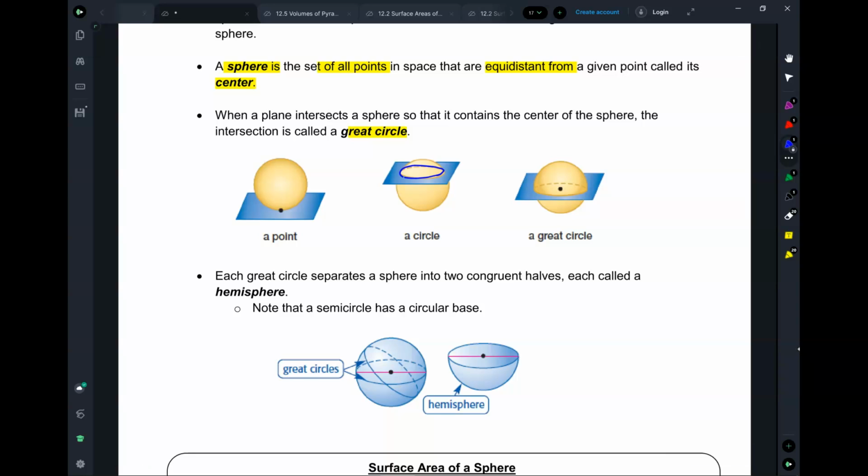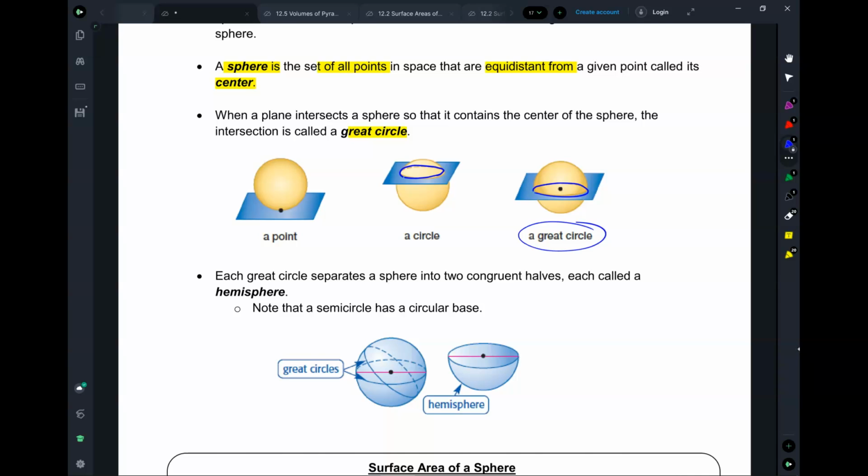If you look at it head on, it'll be a circle. And then if I moved that paper down a little bit, it'll be another circle, but somewhat bigger. Down a little bit, it'll be bigger. And then obviously, if it intersects at the very center, then that's the biggest circle that you'll get, because after that, they'll get smaller again. That is called a great circle.